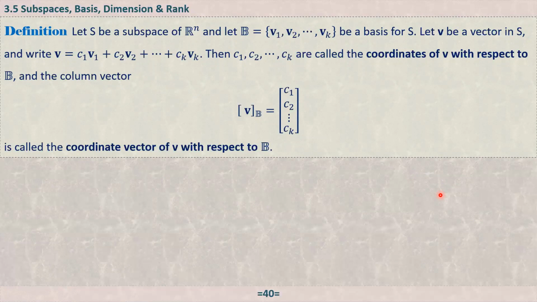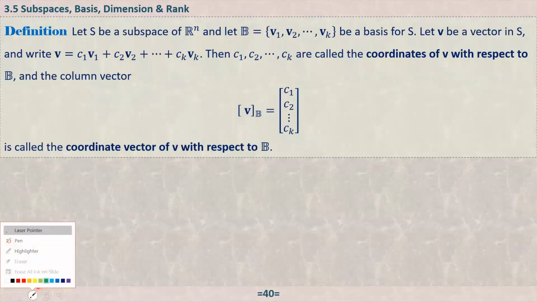Then c1, c2, dot dot dot, ck are called the coordinates of v with respect to the basis B. And the column vector, using this notation, is called the coordinate vector of v with respect to basis B. That is how we define the coordinate vector of a given vector with respect to a given basis.